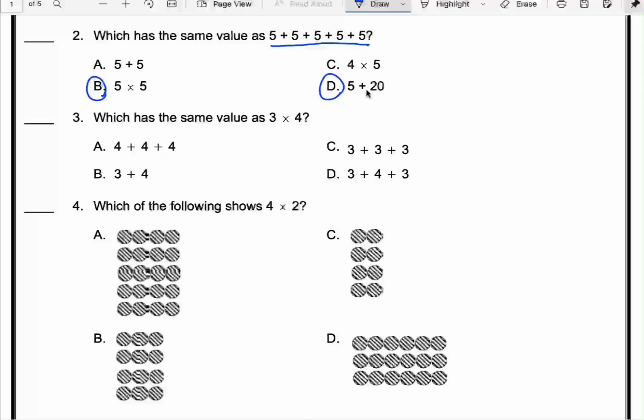Hassan Sultan. Yes, teacher. Which has the same value as 3 multiplied by 4? Hassan, use your mic.